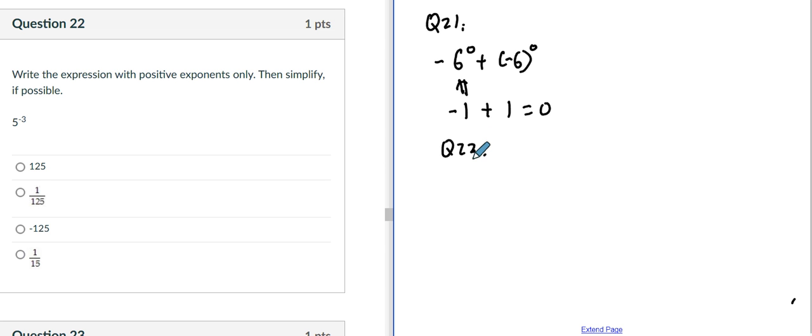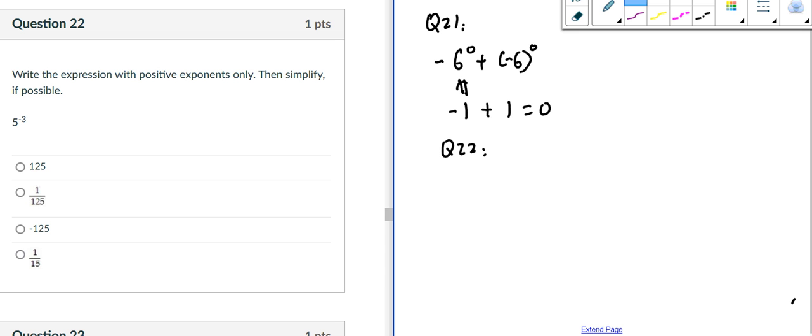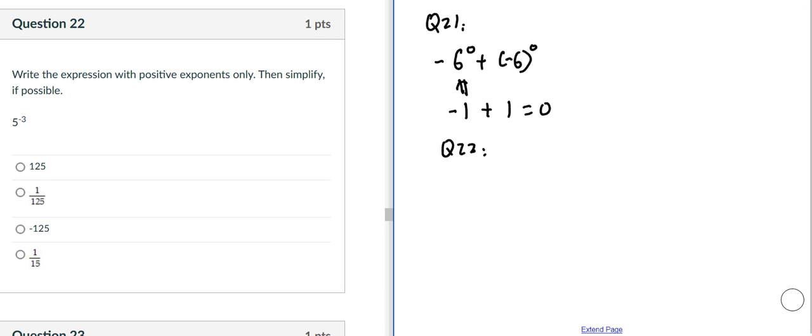Question 22, we got a negative exponent. Probably it is the first time for some of you to look at the negative. Now, here is the example. How did we get negative?